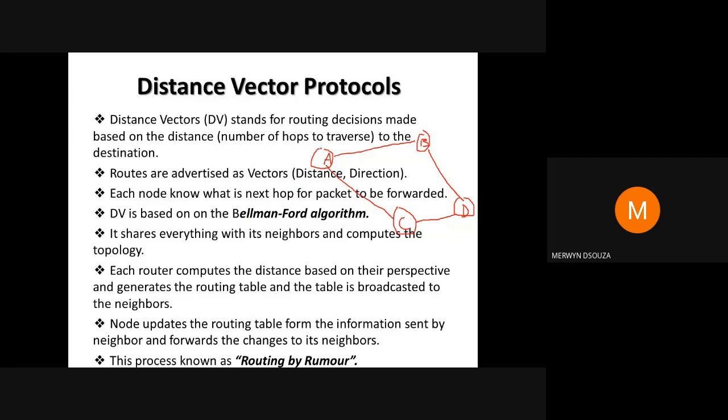For example, A wants the distance to B. This parameter would be collected and stored in a table.